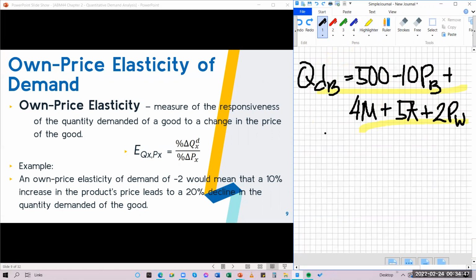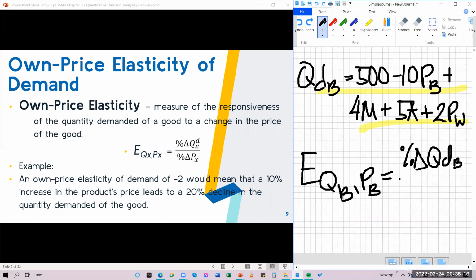So as you can see and know, we have this formula for elasticity. So quantity of X, no, that's not X, it's beer. So the quantity demanded of beer and the price of beer. So what we are looking for is the own price elasticity of demand, that would be the percent change in the quantity demanded of beer over the percent change in the price of beer.